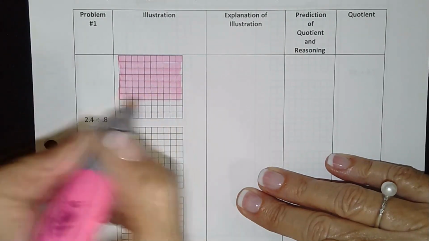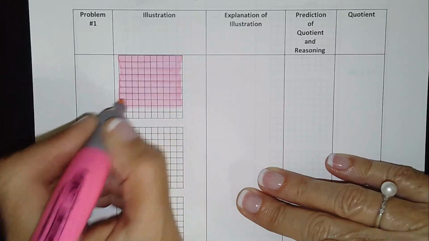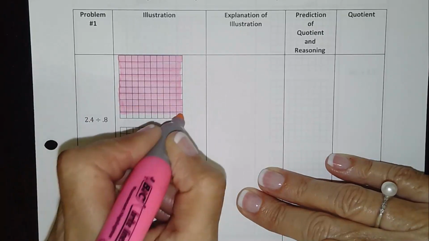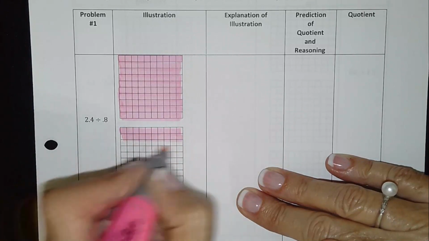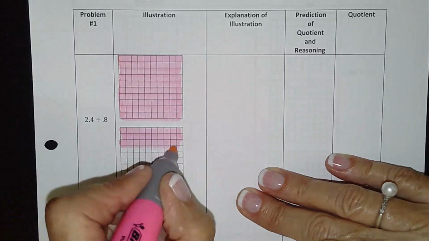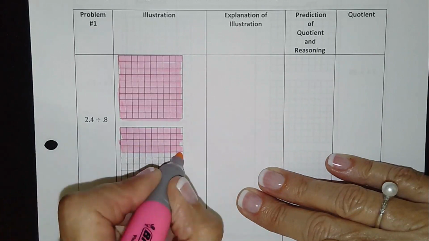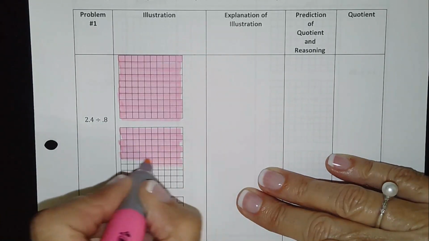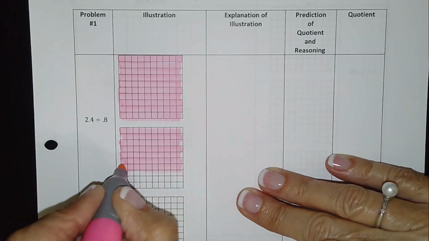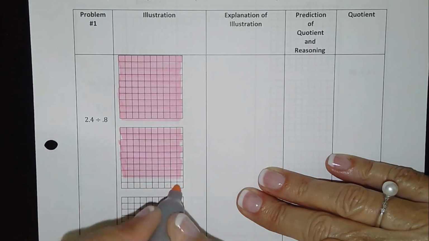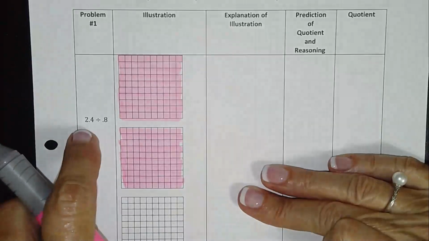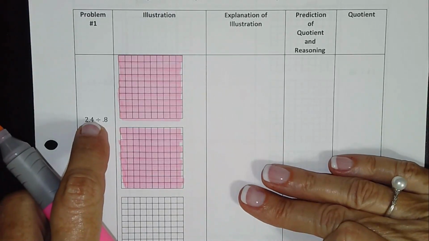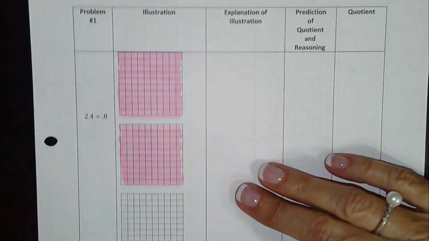Because it's 2 wholes. Just color in the picture, Kim. So there's 1 whole. They're working on 2 wholes. And then we need 4 strips. So this is 2 wholes and 4 strips, because it's 2 and 4/10.